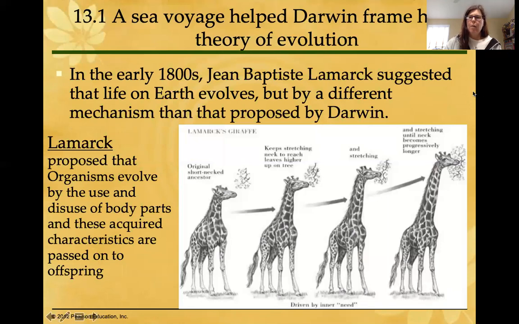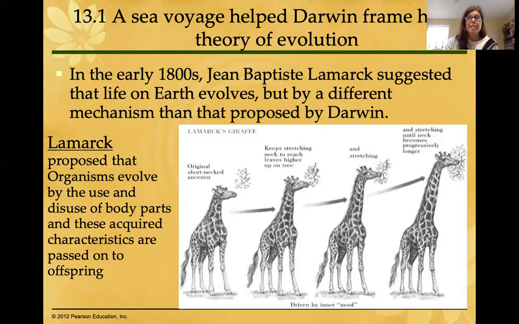Well, poor Lamarck. We are always making fun of Lamarck because this is not right. So in the 1800s, one of the scientists proposed a mechanism for how evolution occurred, with giraffes. He said that as giraffes ate the leaves on the lower branches, the leaves on the higher branches would be available for eating.